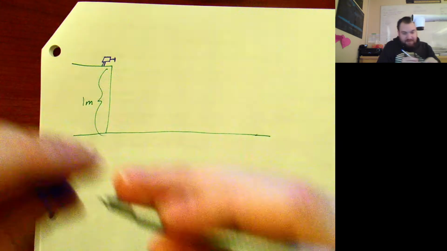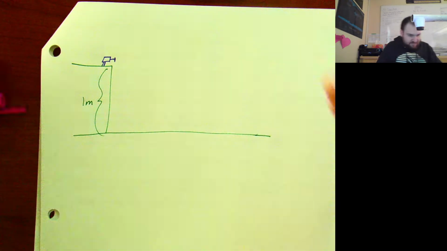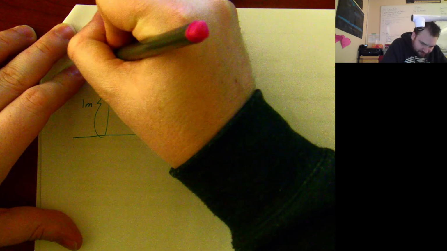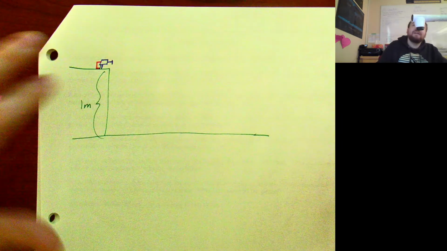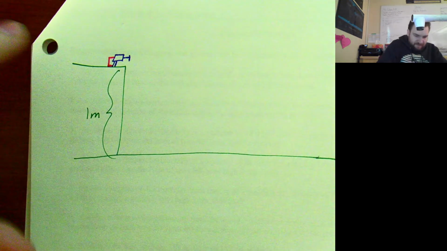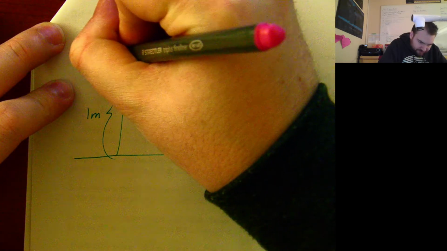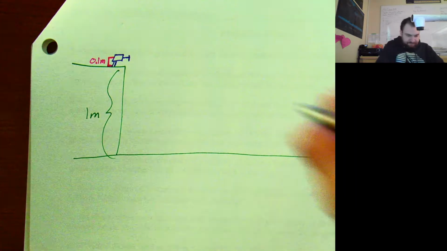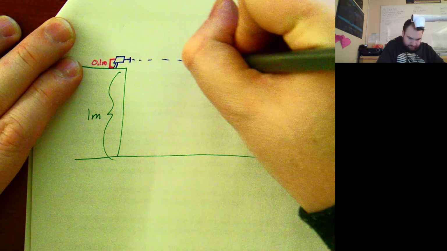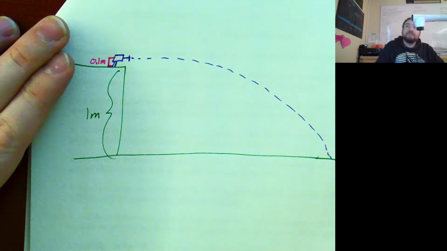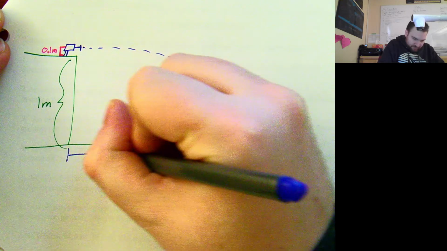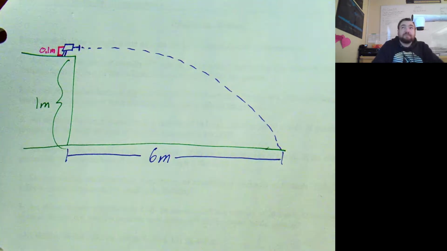The dart gun, we'll say from the table to right there on the dart gun is 0.1 meters. We pull the trigger on the dart gun. And we can measure on the ground that our dart has gone 6 meters.